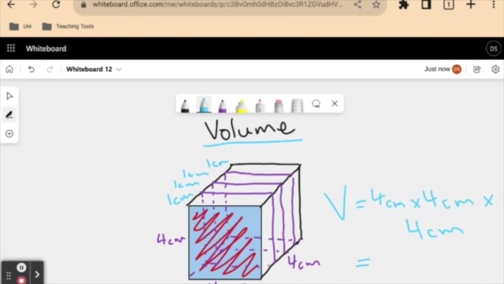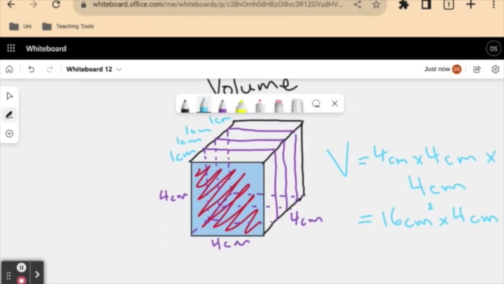So here we get 4 times 4, we get 16 centimeters squared, and multiplying our cross-sectional area of 16 centimeters squared by our depth, we get 64 centimeters. And once again, from the previous video, when we multiply these, we also take into account the units. So we have 64 centimeters cubed.